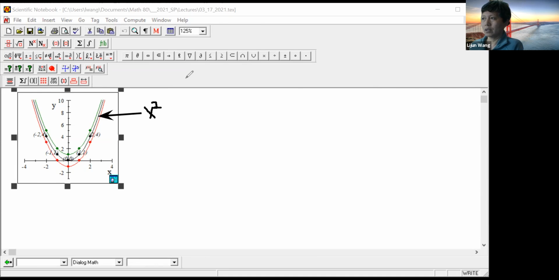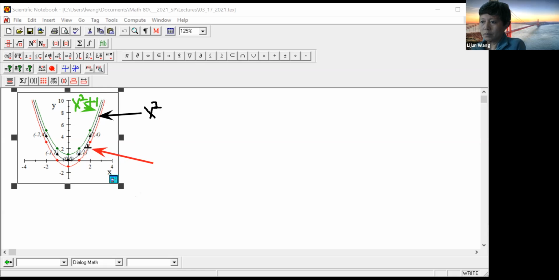The next one, the green. What is it? It's x squared plus 1. How about the red?